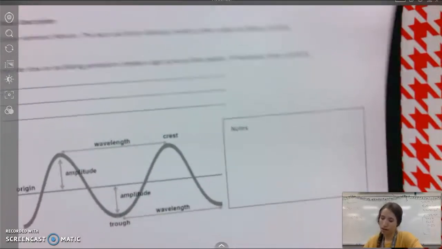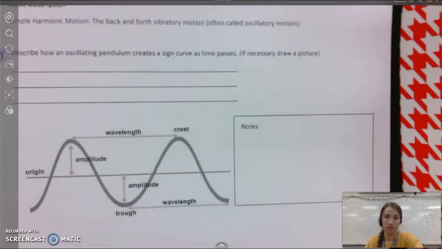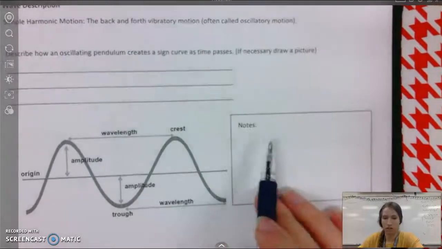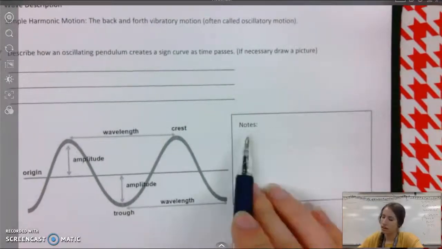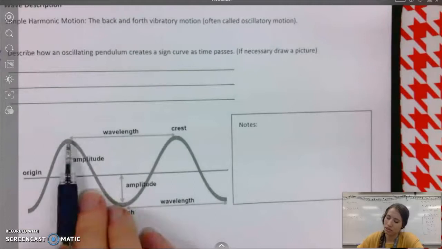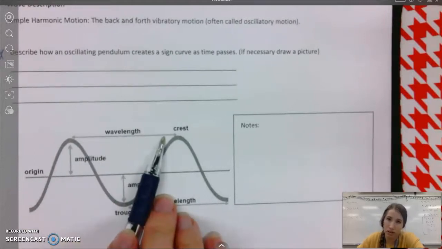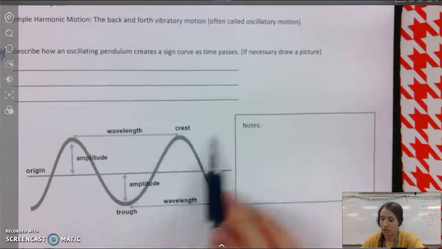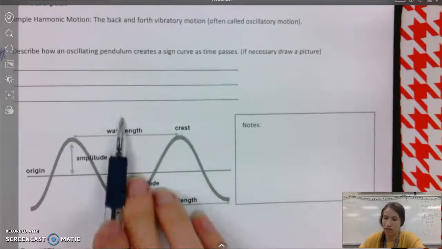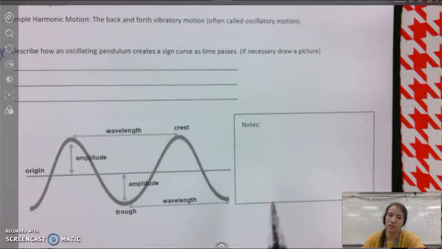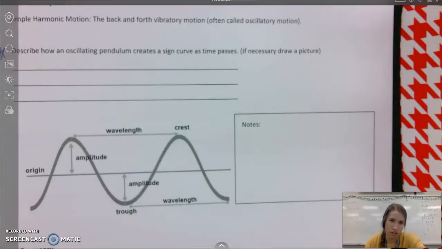Okay? Here's what you're going to need to know, so add this to your notes: wavelength is the distance between two equivalent points on a wave. Okay, so one more time. Wavelength, make sure you get this written down: the distance between two equivalent points on a wave. Usually we like to identify peaks or troughs because those are easy to see.